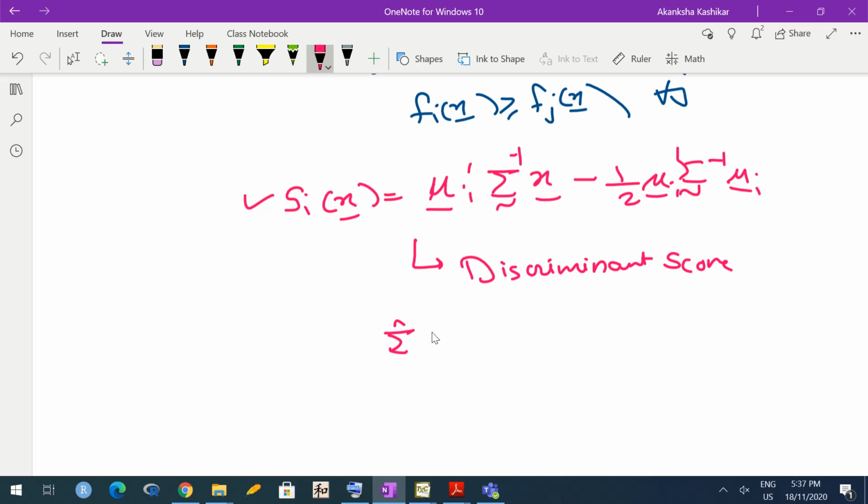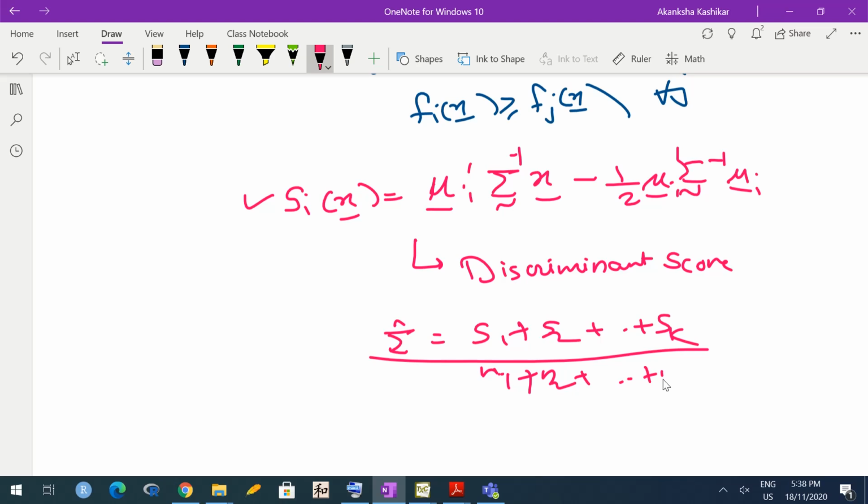Sigma we will replace by a common estimate, so sigma hat would be S1 plus S2 plus Sk upon N1 plus N2 plus Nk. Okay, and mu hat is the usual x mean of the ith population. So the rule says compute the discriminant score for all the k populations and assign x to that population for which this value is maximum.